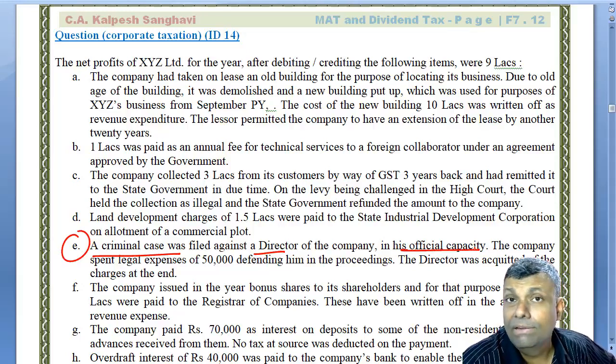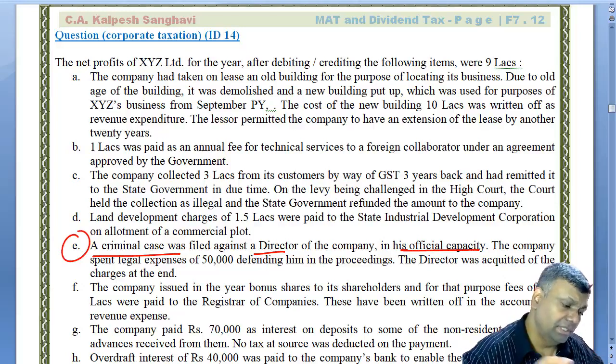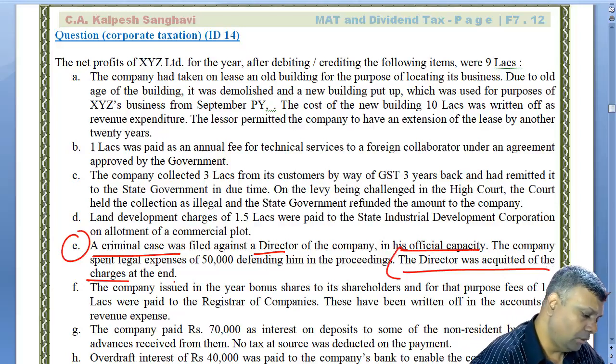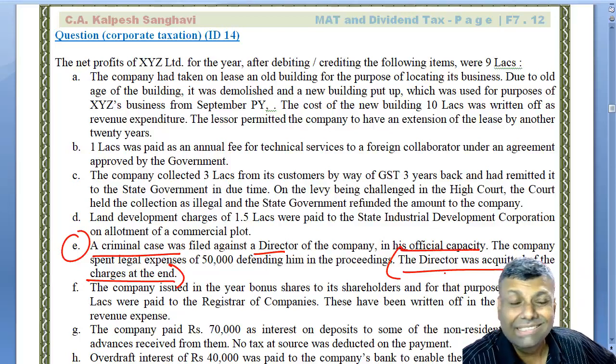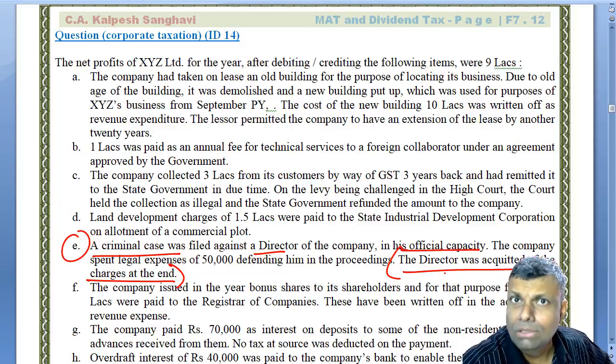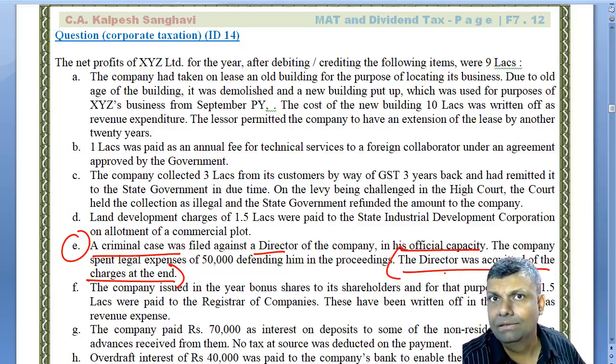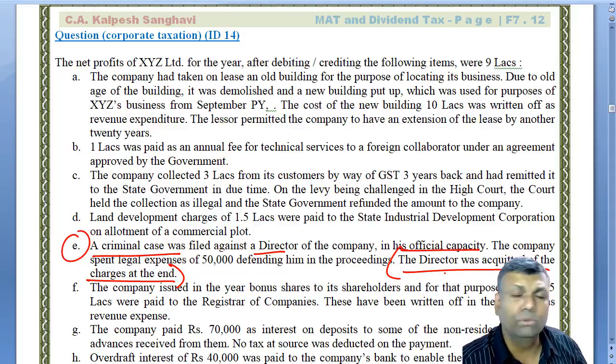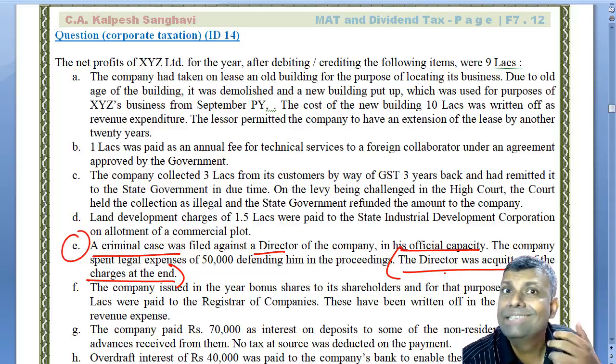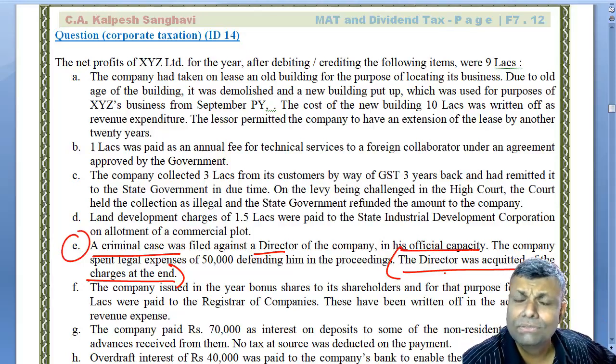One more catch in this question is that the director was acquitted of the charges at the end. But this statement is a little superficial, because you will never know the end. The question is printed at the end, but as per the legal system in our country, years and years it takes to decide a criminal case.